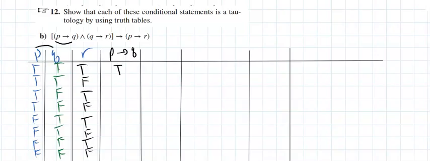The then part must be true. The if part is true. The then part is false is the only problem with this.